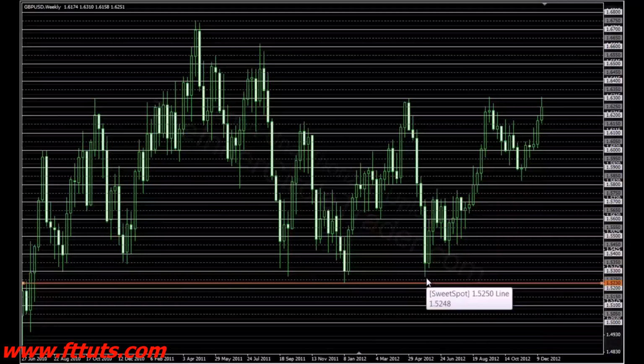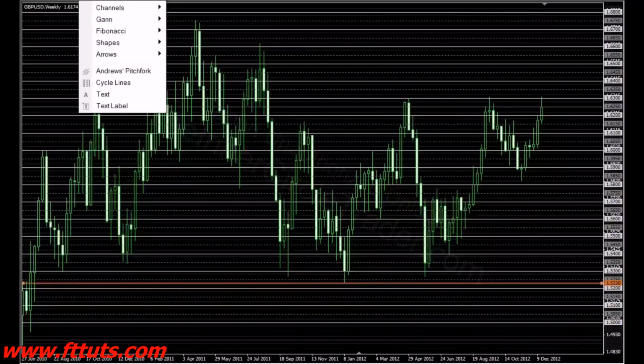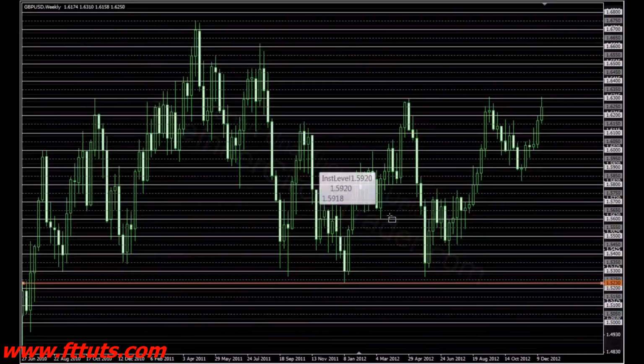Okay, but we've identified this little area in here, and I'm just going to highlight it. We're going to use the 53 and the 52.50 level in here.